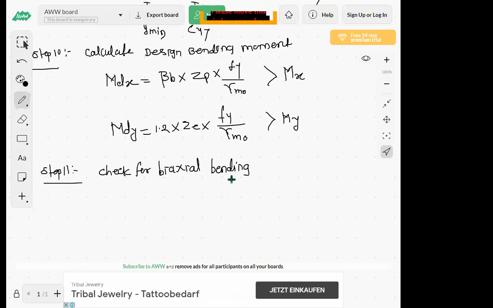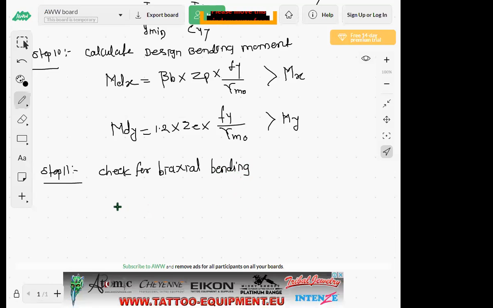Mx divided by Mdx plus My divided by Mdy should be less than 1.